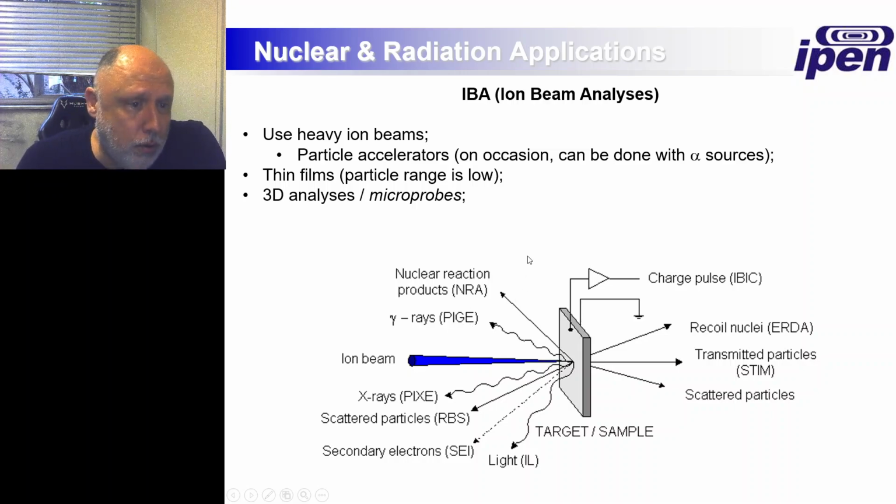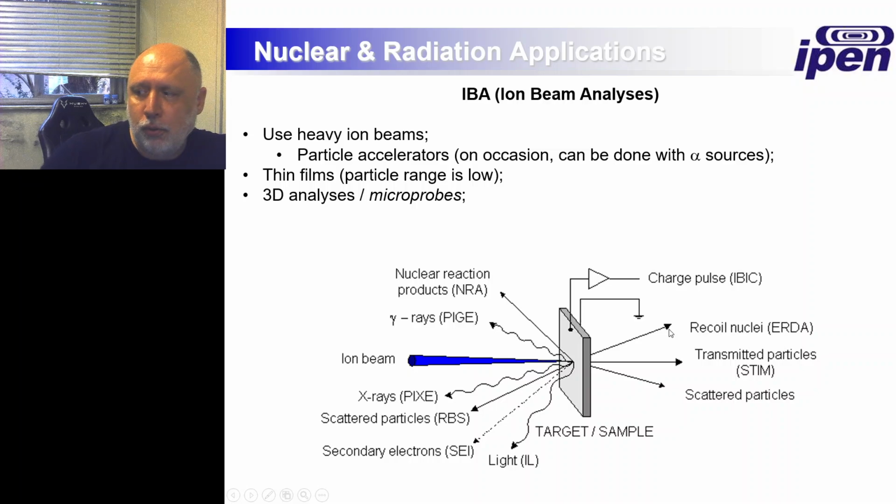And if you have nuclear reactions too, you may see nuclear reaction products, and from those you may understand what was happening there, right? There are some other things: it's a very thin sample, remember, you send your beam and all of a sudden you may have nuclei from the sample that are emitted to the back. This is called ERDA, or elastic recoil detection analysis, right? There are many things you can do.